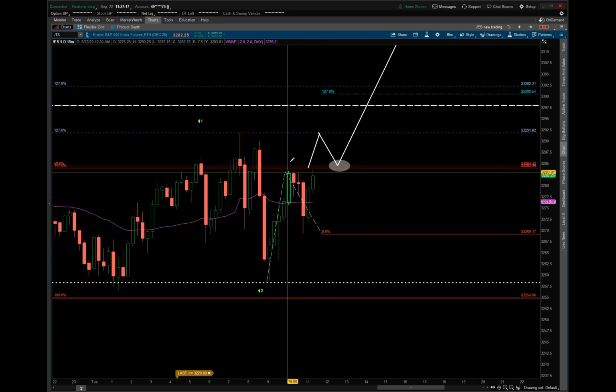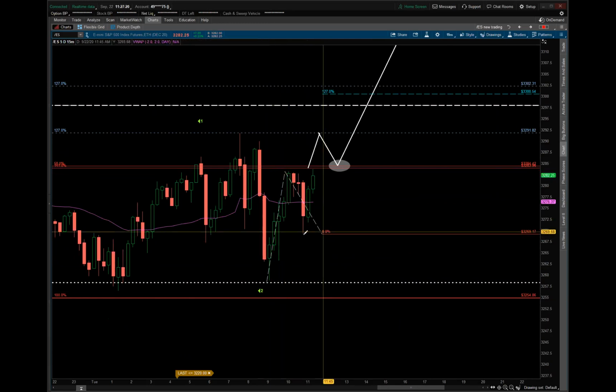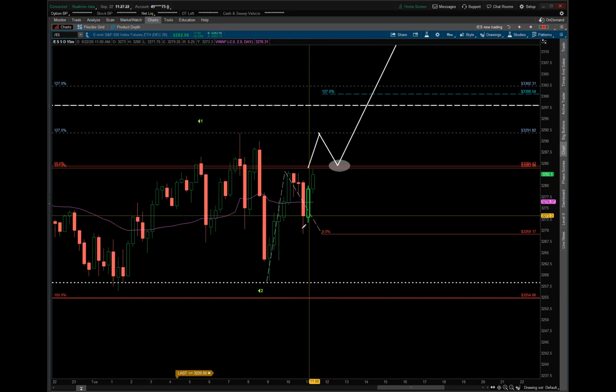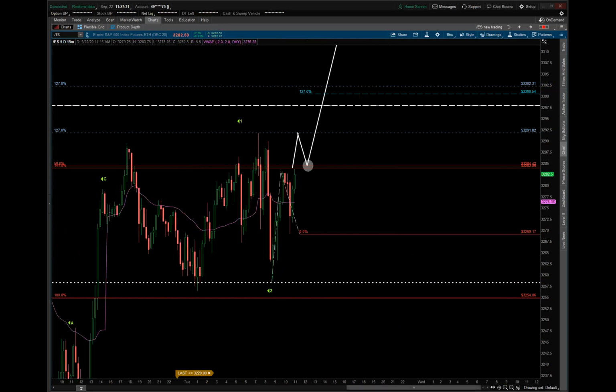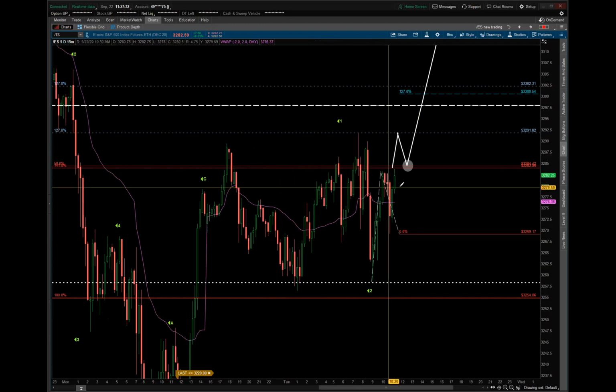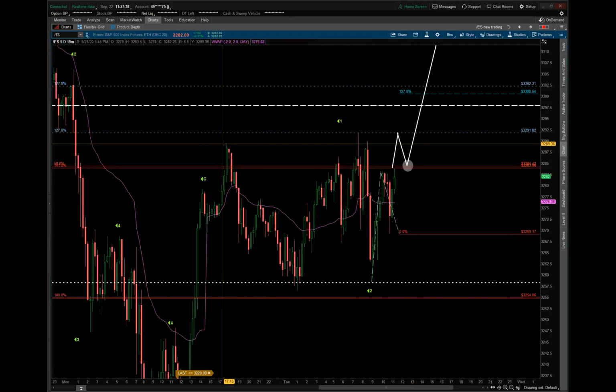Here, if we wanted to enter, we would look for this area, probably here, once we see the retrace, and take it out at this level. This is what it's trying to do right now. If I were to go long on this trade, I would look for this level, or get the high as well.